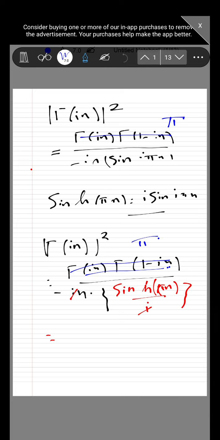So ultimately it is equal to π divided by n sinh(πn). So this is the expression of Γ(in) whole squared.